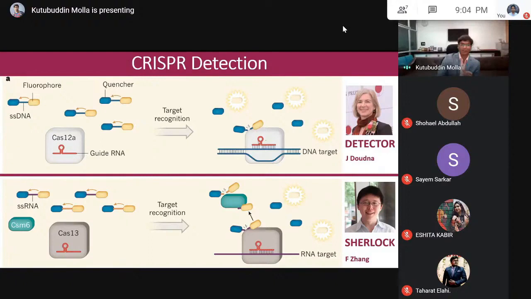So now when this viral DNA or any DNA especially homologous to the guide RNA is detected, then this Cas12a makes a cut in the target, and also in the quencher-linked reporter. And this reporter becomes free, and then it will fluoresce, and it gives a detectable method to ascertain that this kind of DNA sequence is present there. So this is used in CRISPR detection.